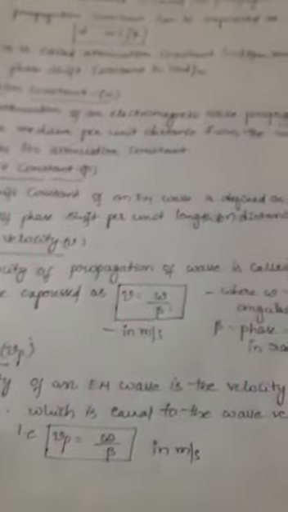What is meant by phase shift here? Phase shift means there is a change of position. Compared to the electric field wave, what is the phase shift of the magnetic field? Or otherwise, compared to the magnetic field wave, what is the phase shift of the electric field? That is called the phase shift constant. For uniform plane wave, there is no phase shift constant. Other waves have a phase shift constant.